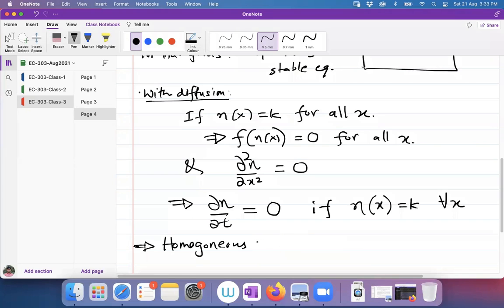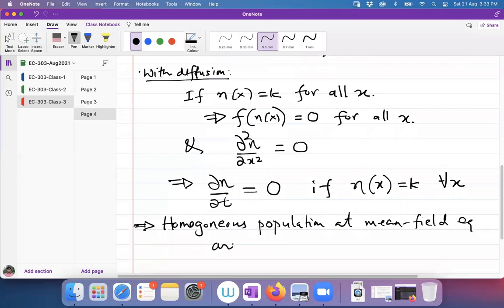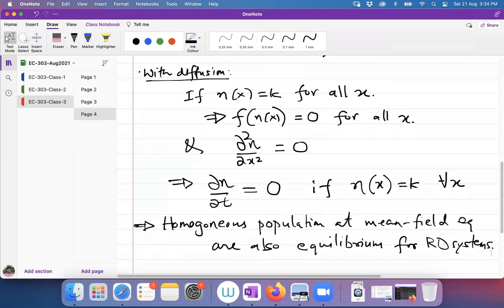A homogeneous population at mean field equilibrium is also an equilibrium for the reaction diffusion system. Okay.